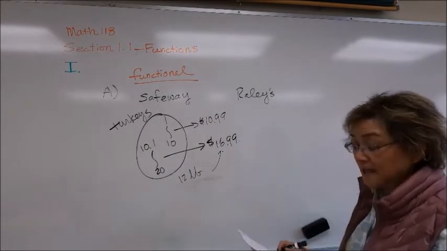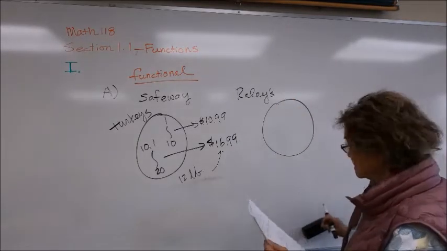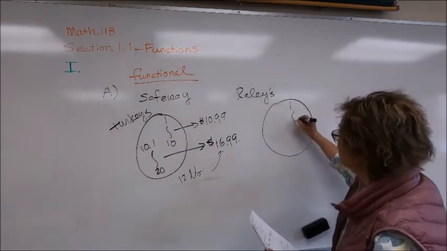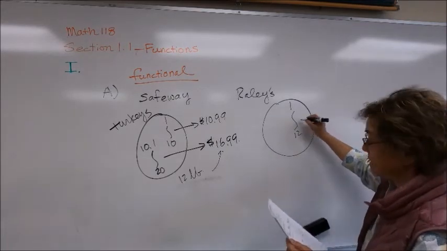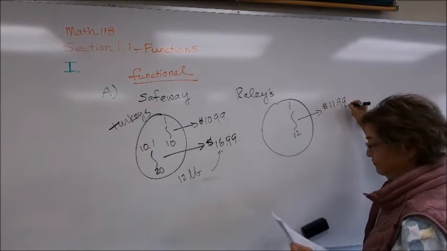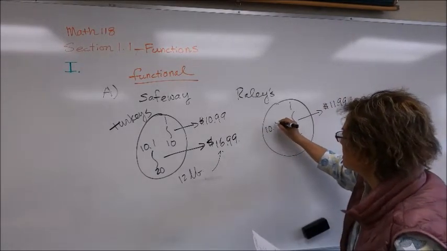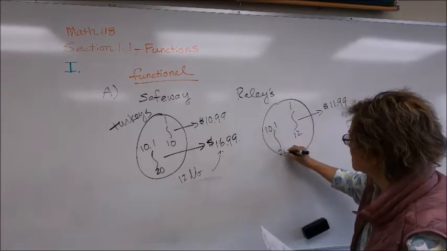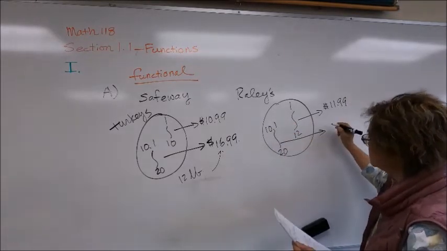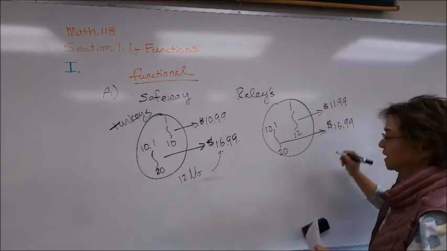Then if you go to Raley's, it says 1 to 12 pounds, and it will charge you $11.99. However, there is another tag that says above 10 pounds to 20 pounds, it will charge you $15.99.